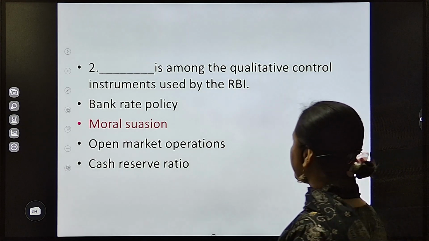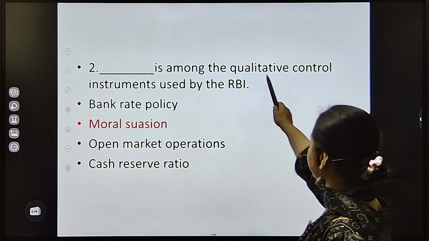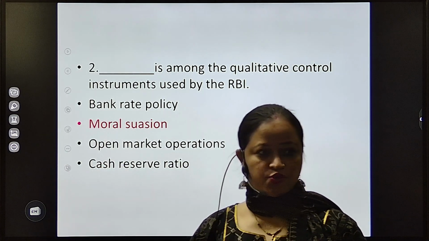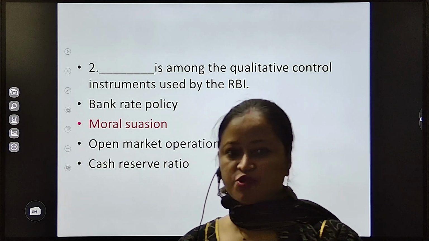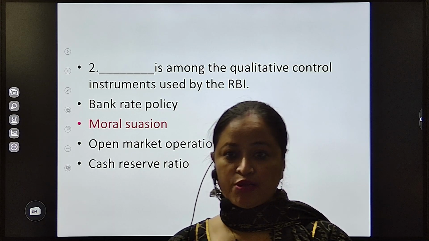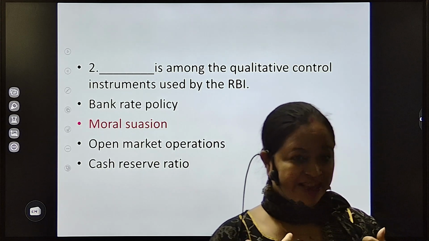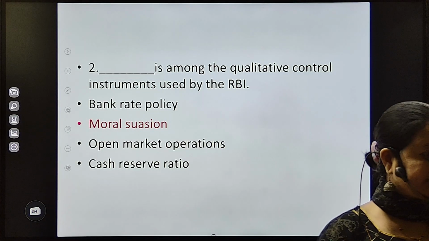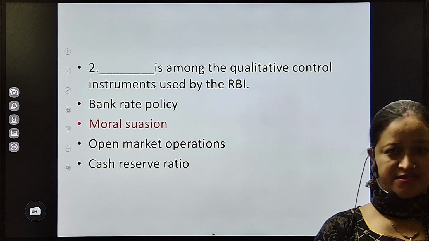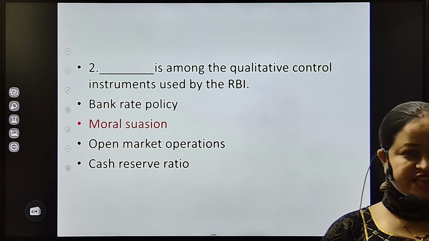So what is the question asked? Qualitative. Whenever you read the question, read it very carefully. Qualitative control will be moral suasion. What is moral suasion? Here the RBI morally encourages, maybe by giving a circular, telling banks to control their credit.